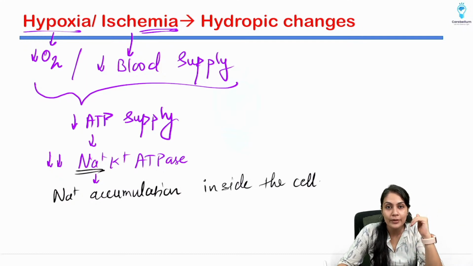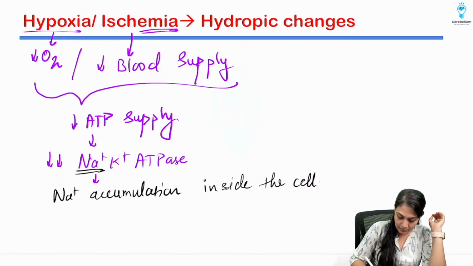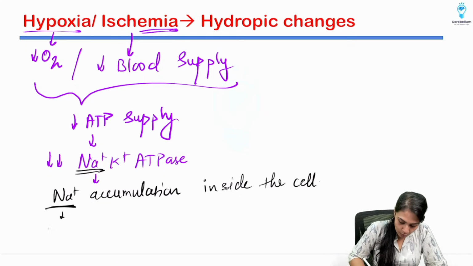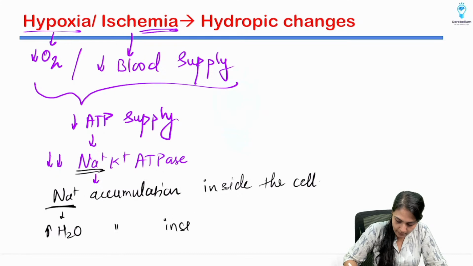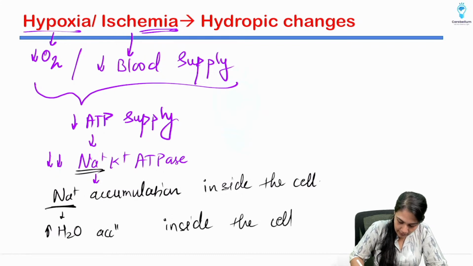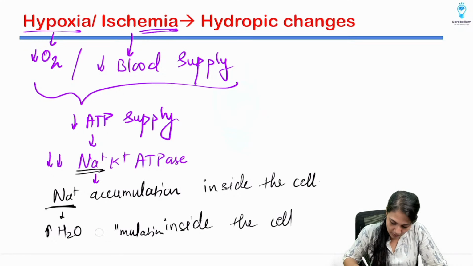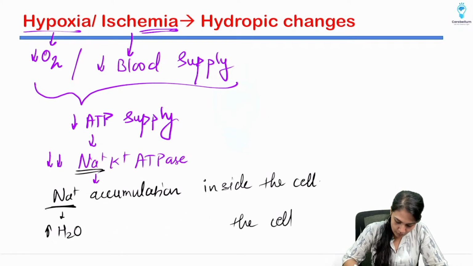So after looking at the sodium which is inside the cell, it attracts the water, right? So water also starts to accumulate inside the cell. Write it completely: accumulation inside the cell, right?